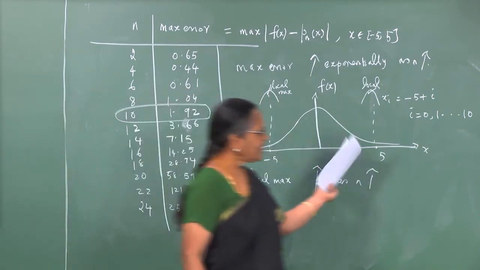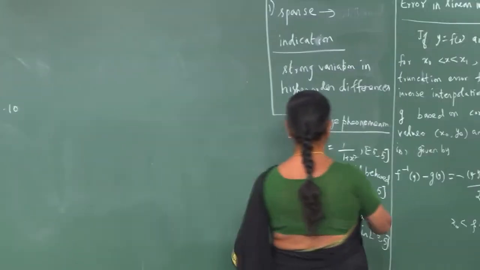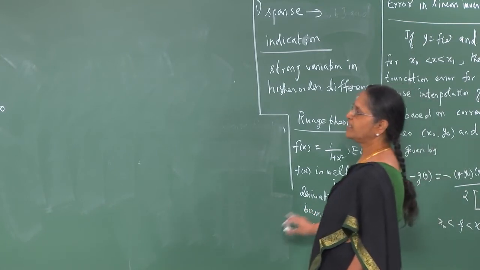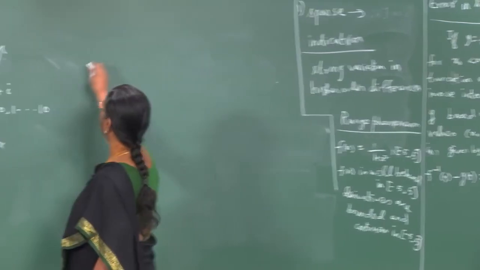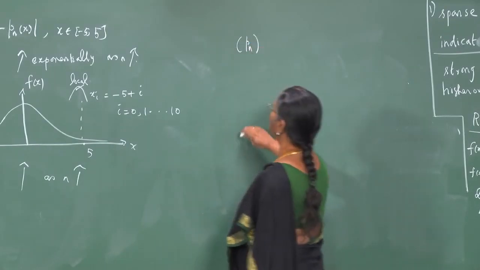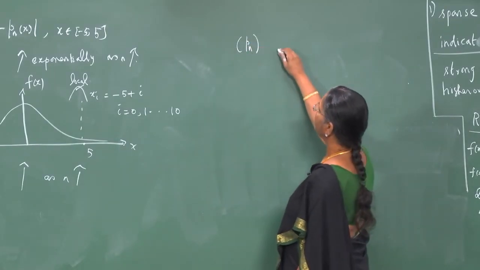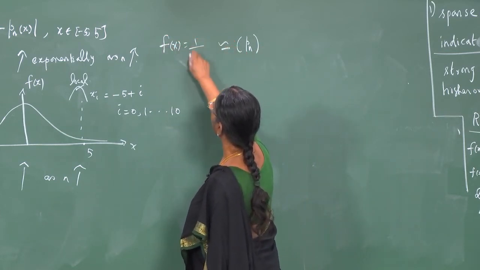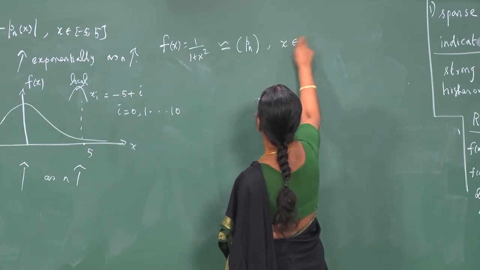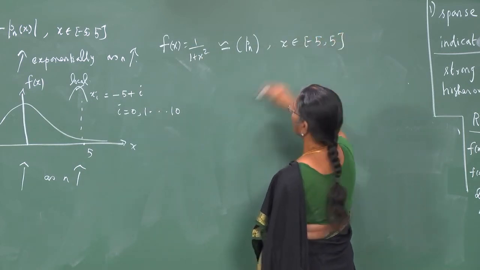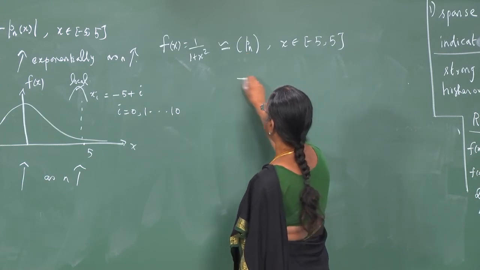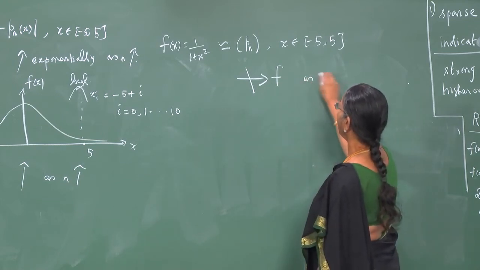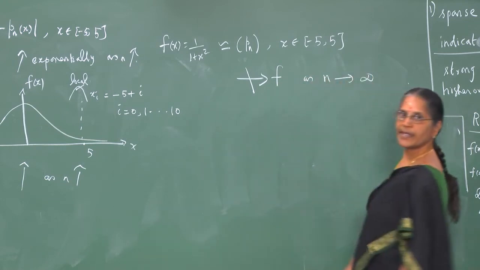As we remarked earlier, the function is well behaved and the derivatives are bounded and continuous, but the sequence of interpolation polynomials Pn that interpolate this function f(x) equal to 1/(1+x^2) in the interval -5 to 5 did not converge to the function f as n tends to infinity.